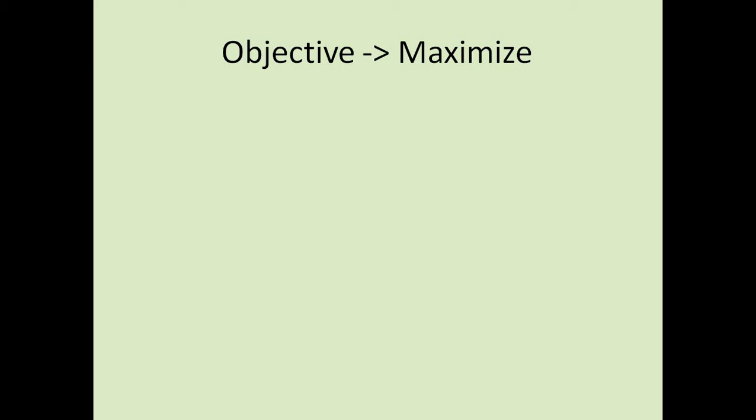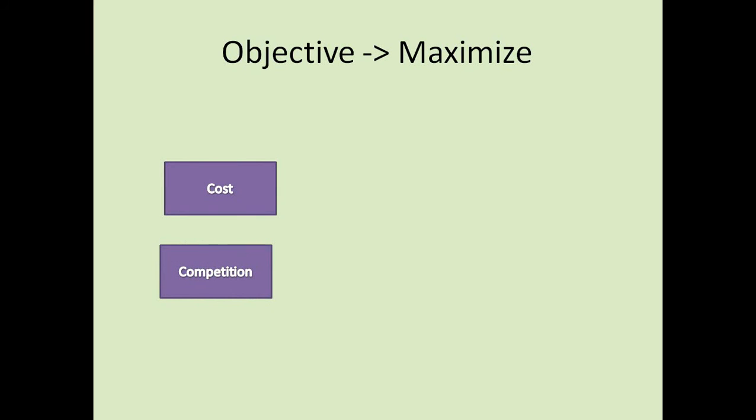From your point of view, what would be your constraint? The same thing: cost and competition are the two parameters, and you are going to maximize something. If you're going to maximize your cost, that would be for the private water tanker.